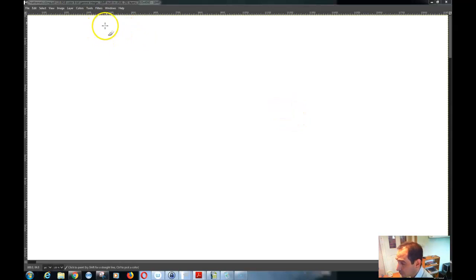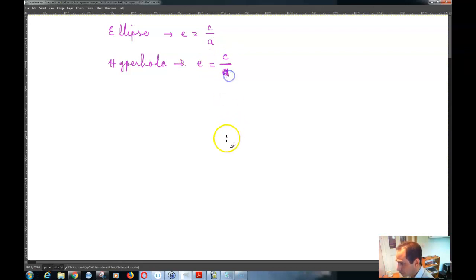As you remember, in the case of an ellipse, we calculated the eccentricity E is equal to C divided by A. Also in the case of a hyperbola, the eccentricity has been defined as E, the same ratio C to A.